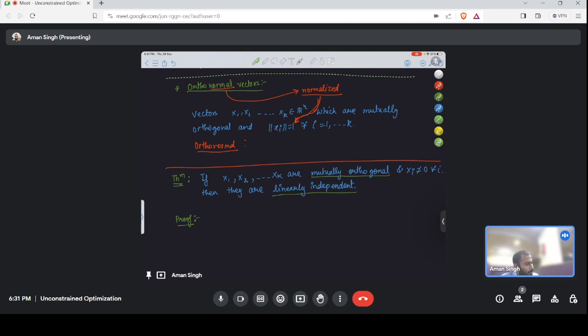Let's say a set of vectors are mutually orthogonal.